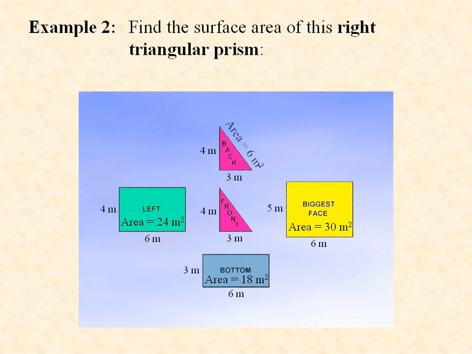And the area of the back is 6 square meters. It's half of 4 times 3 square meters because it's a triangle. And the same for the front. So now that we have the areas of each of the 5 faces, we add those areas up and we get the total surface area, which is 84 square meters.